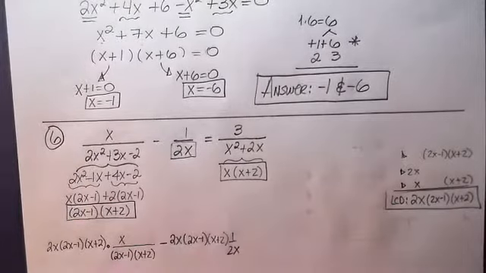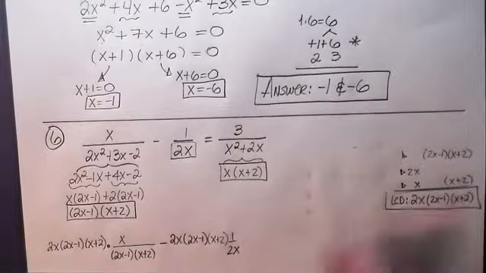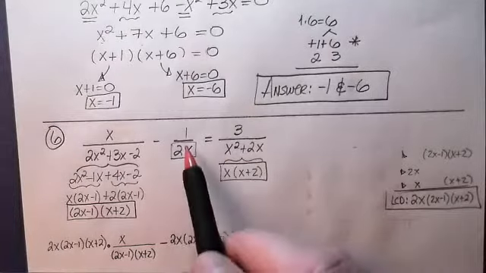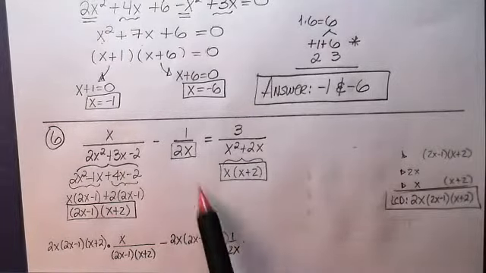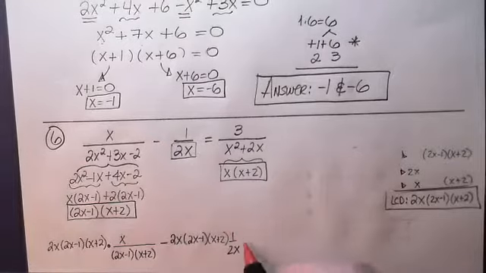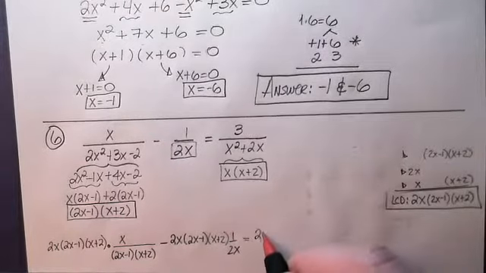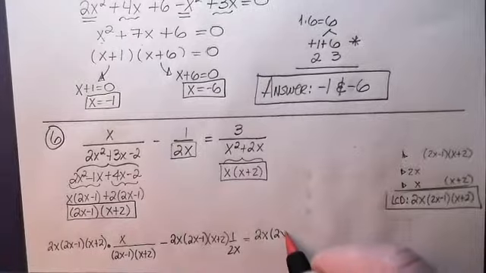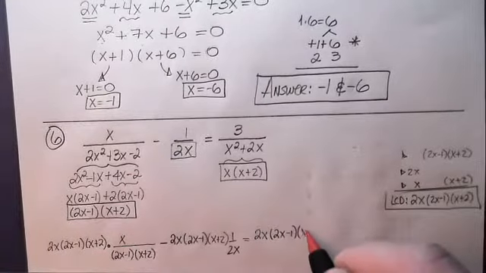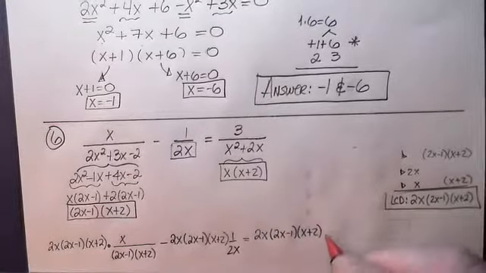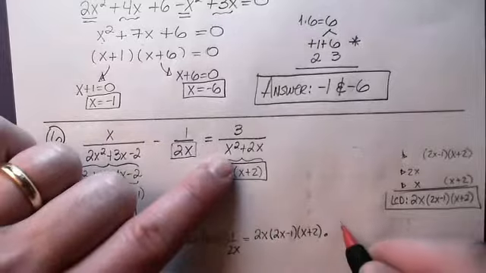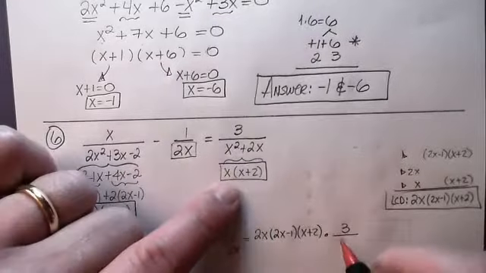Alright, now this gives us space to write things down over here. So I did my LCD and I multiply by this. Now I'm going to do my LCD again, and I'm going to multiply by the last fraction on the other side here in its factor form.